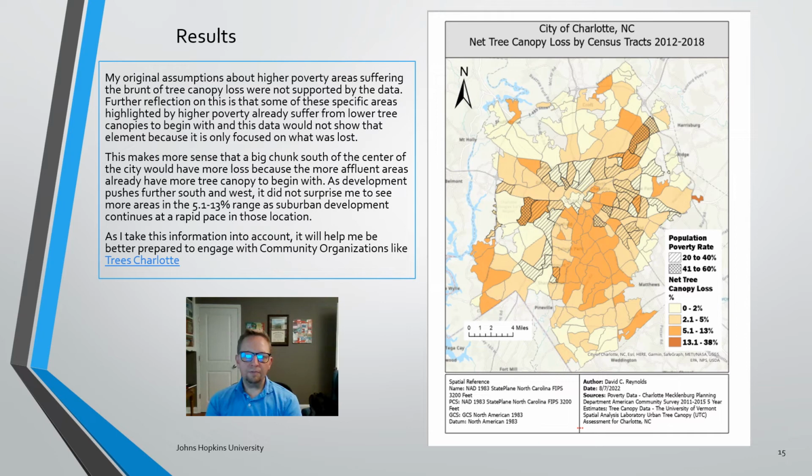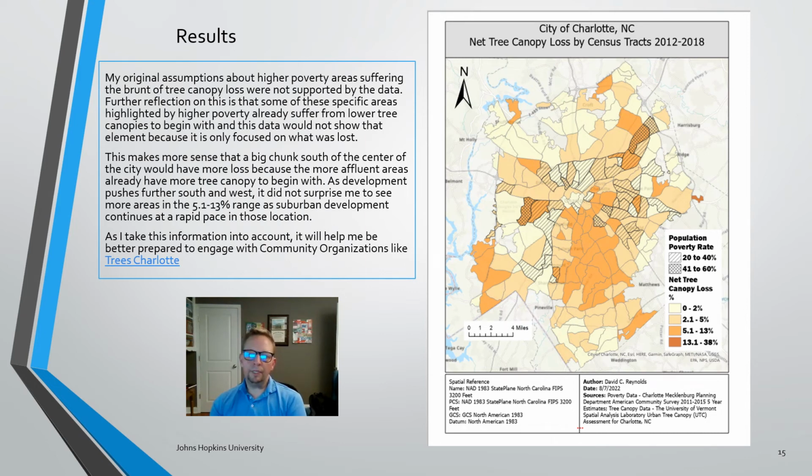Here on slide 15, you'll see a clipping of my final map, showing the sources of the information. The legend details show the specific census poverty tracts that go from 20 to 40 and then from 41 to 60%, and also the net tree canopy loss percentages using 4 graduated colors.